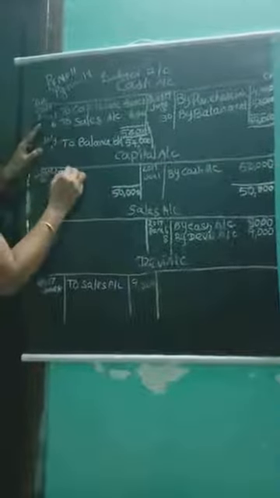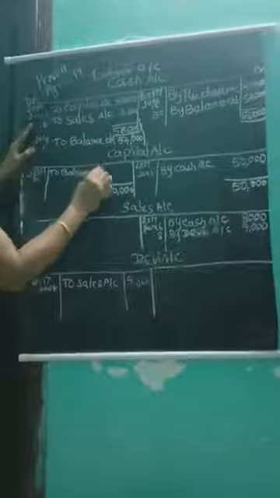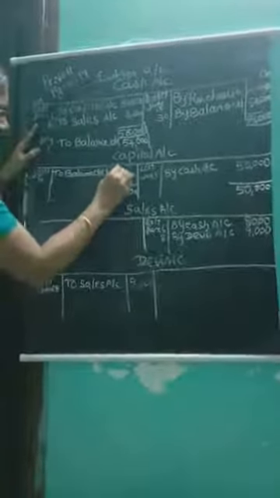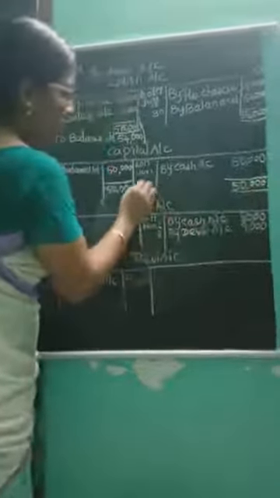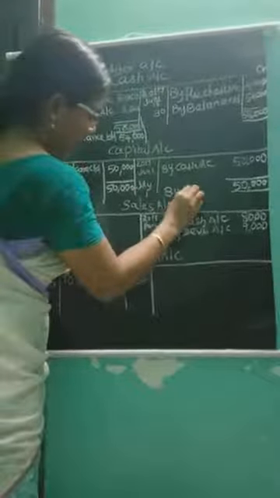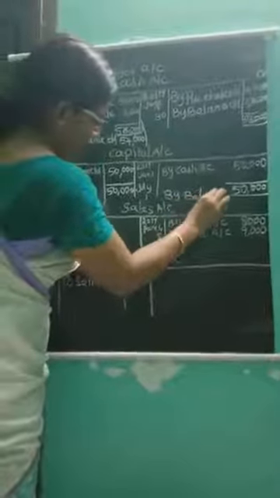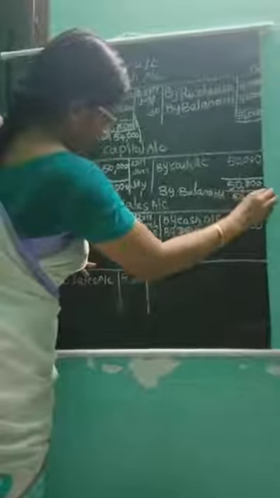To balance carried down. What will be the amount? 50,000. July 1 by balance brought down. By balance brought down 50,000.